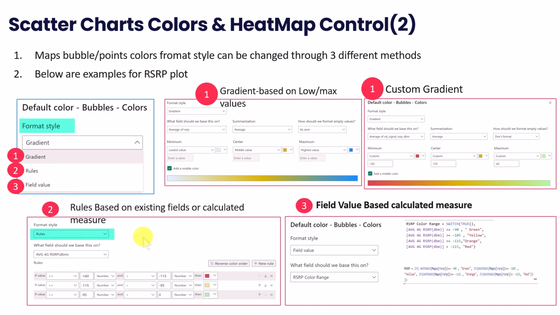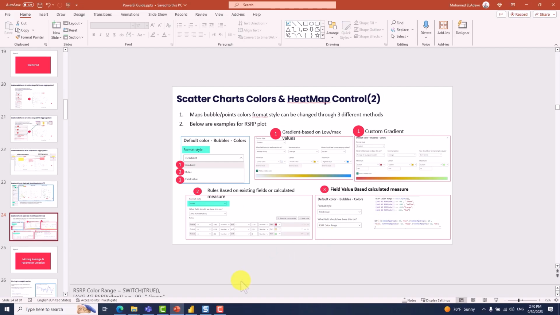Second, rule: for example, you give that if the value is greater than this particular number, then make the color red and so on. The third one is based on formula. This can be discussed in the session of the DAX part, but through a formula, you can also give a color. So now let's quickly go to the Power BI.